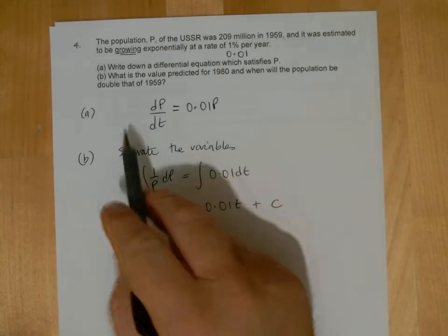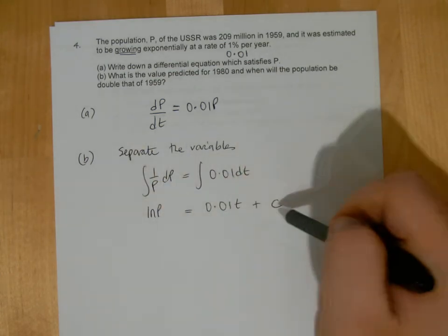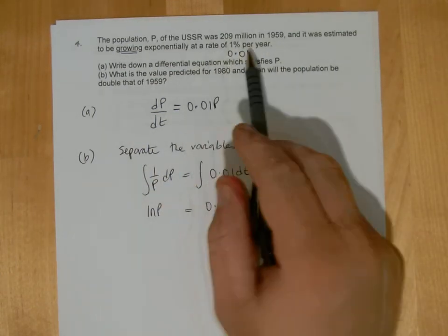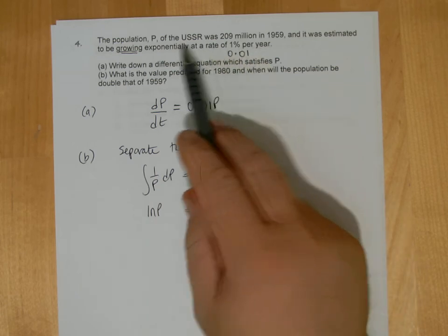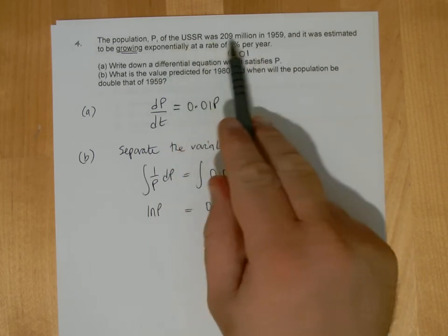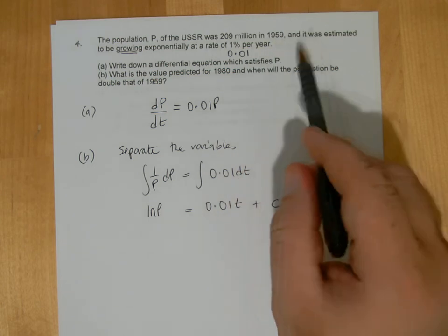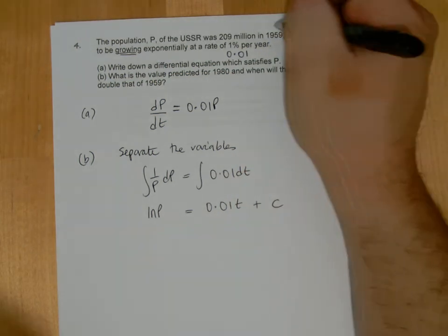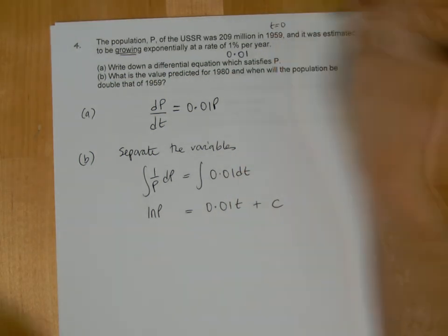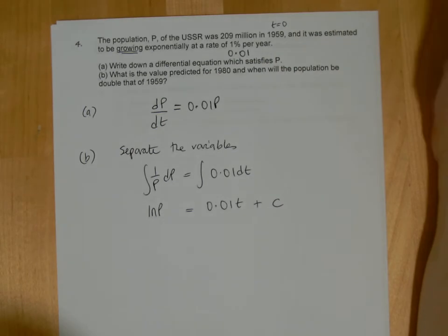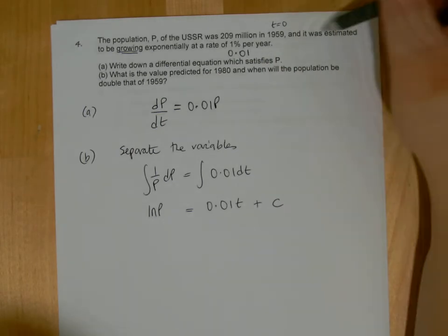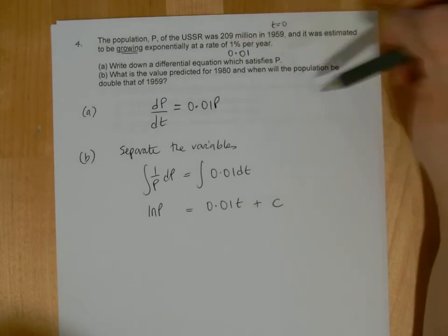Okay, so we can work out the constant because they give us some information here, don't they? So it says the population P of the USSR was 209 million in 1959. So if we think of this as the start, in 1959 when t is 0, and because at that time it was estimated that it would be growing at this rate.